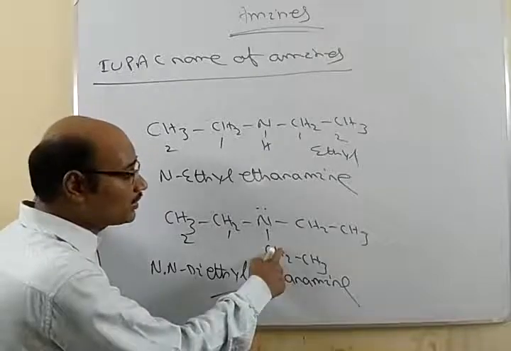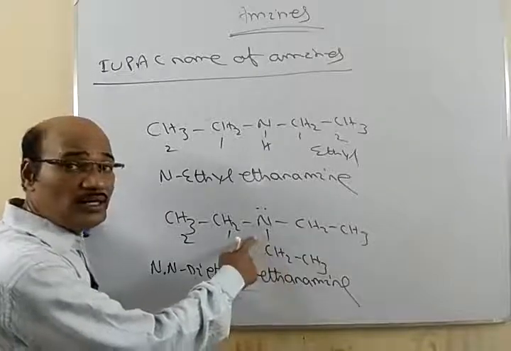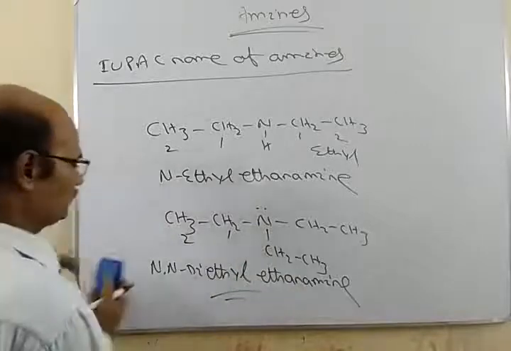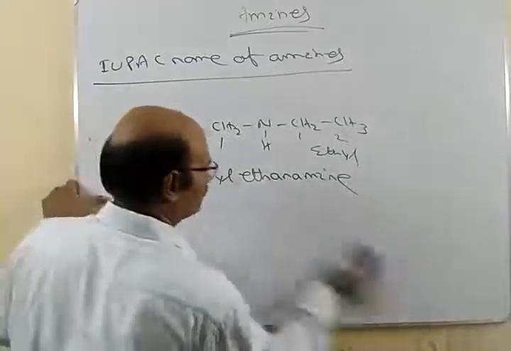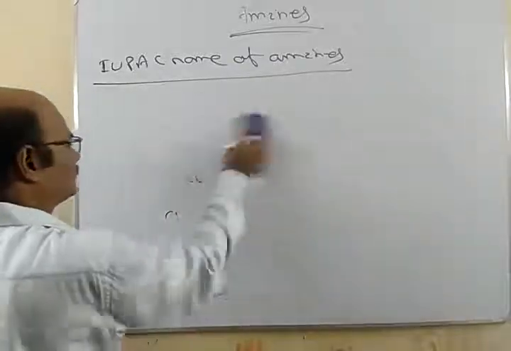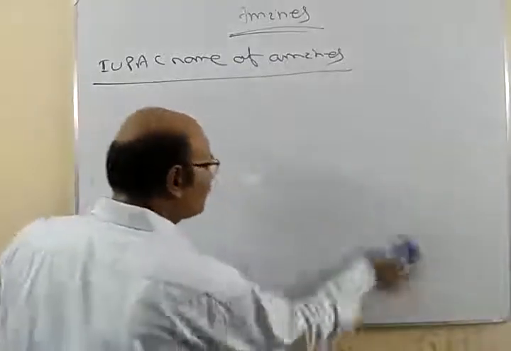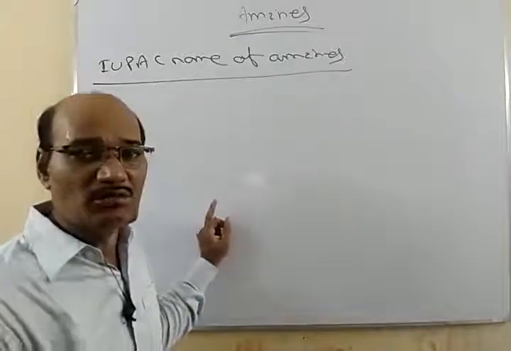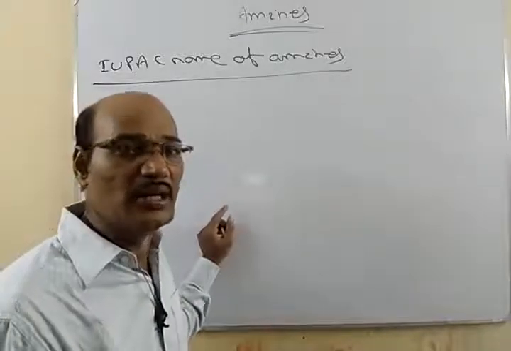When two alkyl groups are attached to the nitrogen atom, we name it like N,N-diethyl ethanamine. Clear? So whenever we are naming the secondary or tertiary amine, we have to write the position of the alkyl group as N.